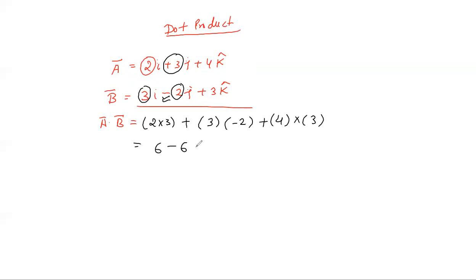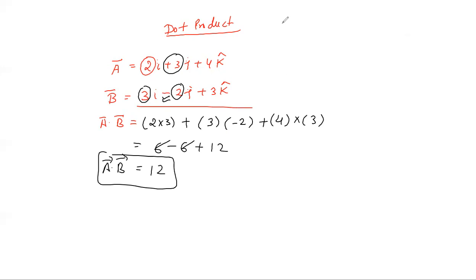This is 6 minus 6 plus 12. So what we get, A dot B gives 12. So the value of A dot B equals 12. How we multiply dot product is clear to all of you. I think it is clear.